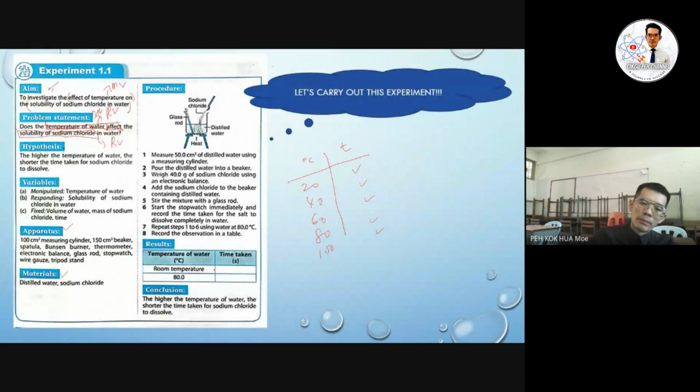Here, the experiment only asks you to use two different readings of the water temperature: the room temperature and another one at 80 degrees Celsius. So we expect the time taken at room temperature to be longer, for example maybe 50 seconds, and the 80 degrees Celsius water will be expected to be lower than 50, right?